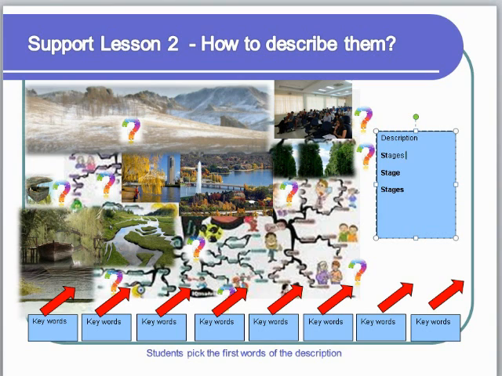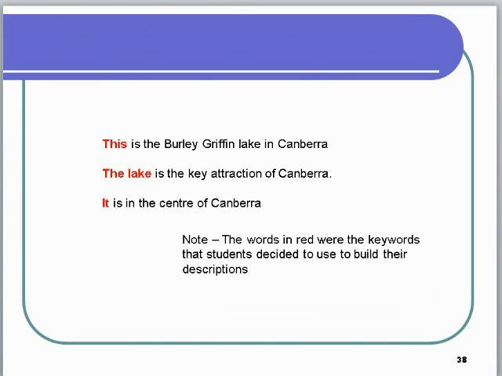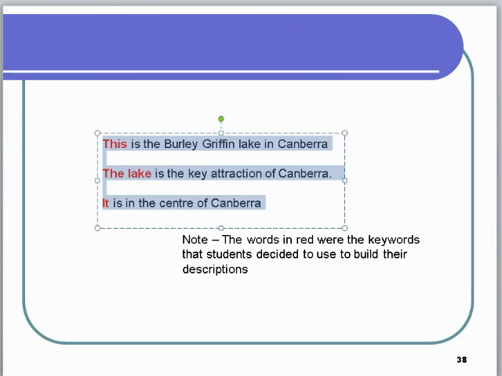And this is one of the tools. So once students actually have gone through activities which will allow them to choose the sequence, the specific keywords they want to use in their descriptions, and organize them in sequence, then they will end up with this, which is just the keywords, and now you can support them in actually creating those little descriptors.